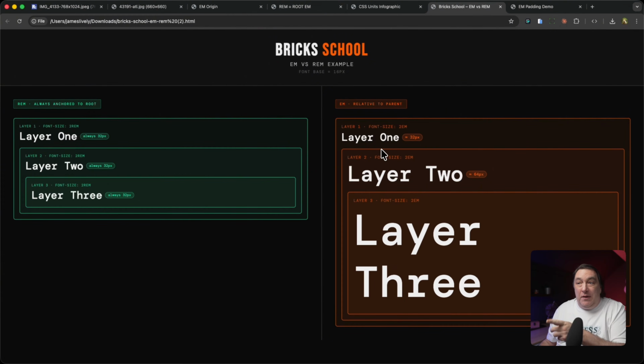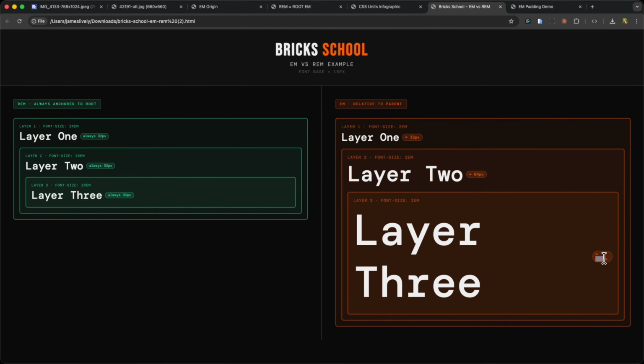The difference is with EM, the one that actually is relative, because REM is root, EM that's relative listens to its parent. So on this first one, 2 REM and 2 EM, they're the same, 32 pixels. But on this one, it says, oh, well, my parent is 32 pixels, and I'm timesing it by 2, so I'm 64 pixels. And again, it's true on 128, you understand?